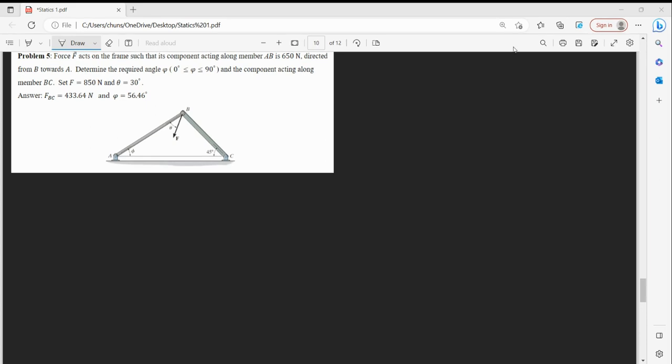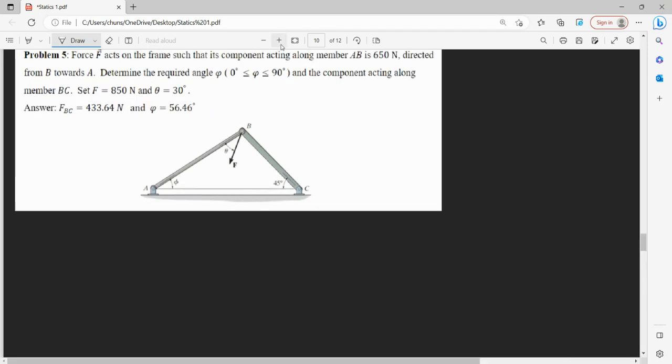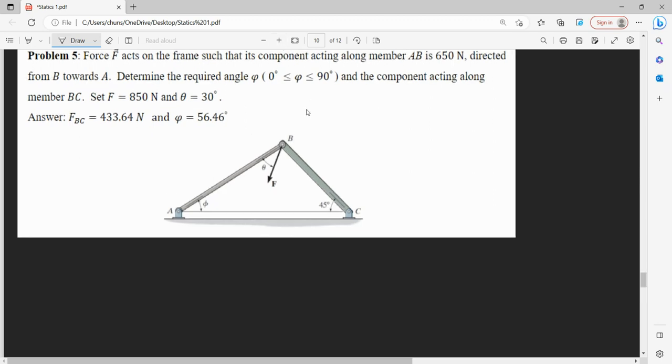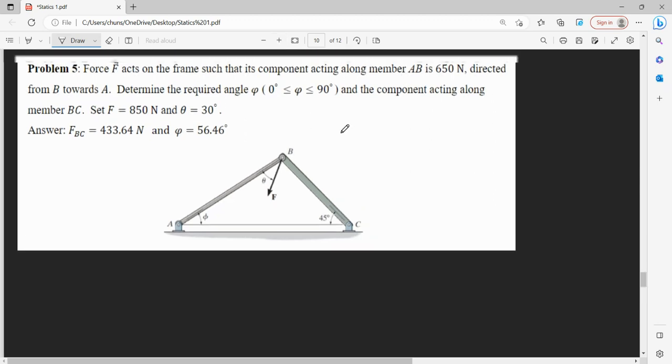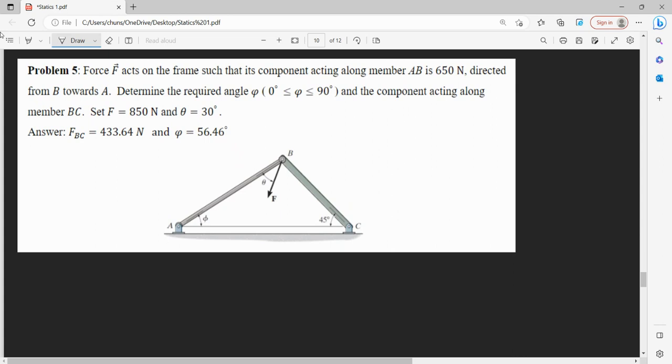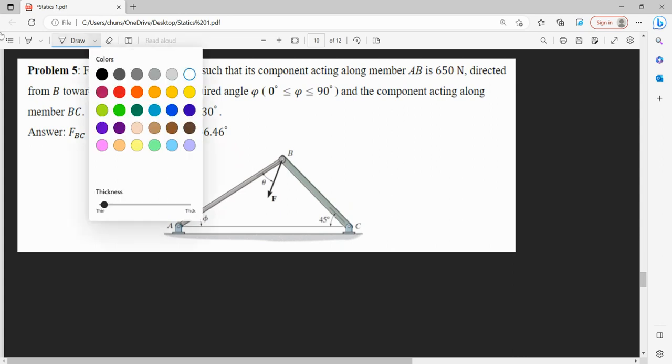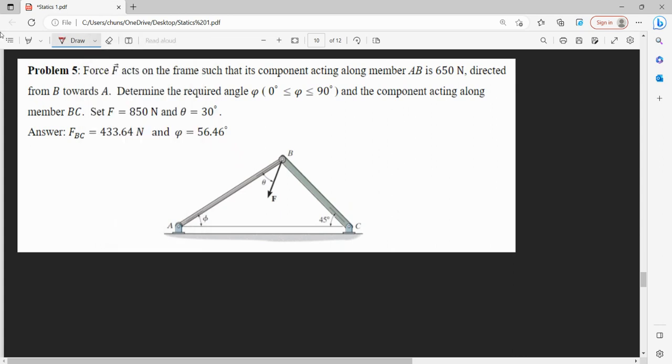Okay, so the first thing that we're going to do with this question is draw what some of our forces are looking like. Okay. So, force acts on the frame such that the component acting along AB is 650 newtons, so just assume it's in tension.